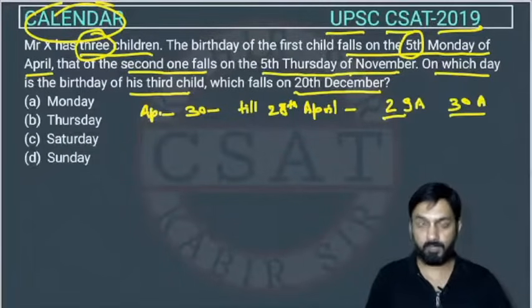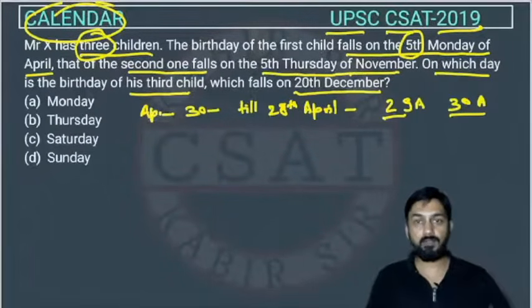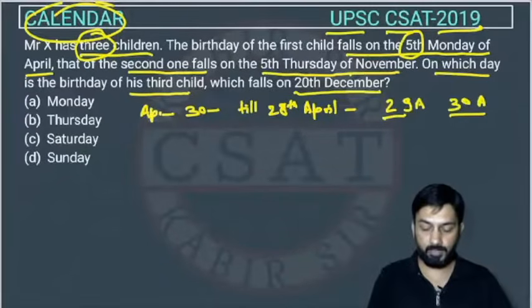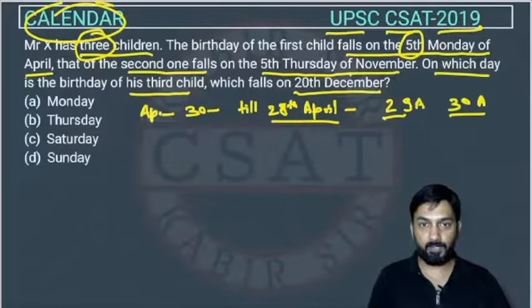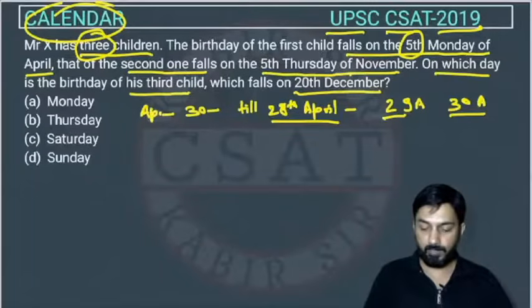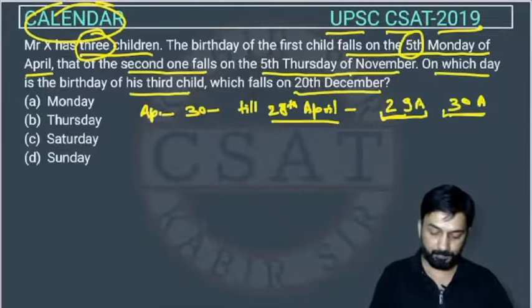So this thing is important. We have to know that the question is talking about the 5th Monday. After 28 April, the 5th week will start, right? So the birthday will be either on 29th or 30th April, right?